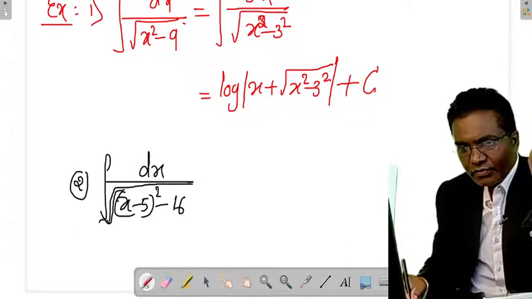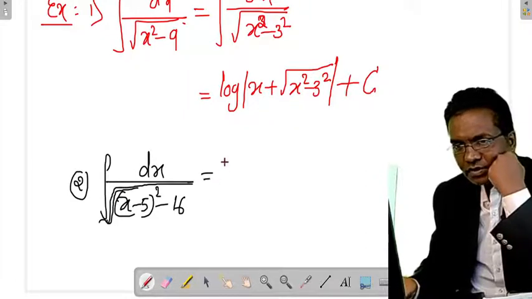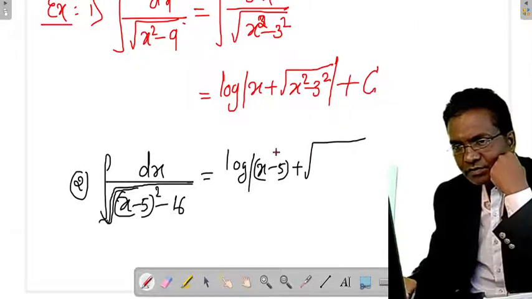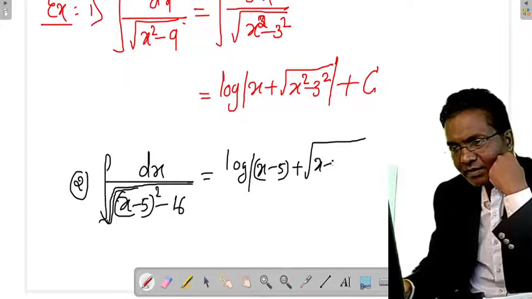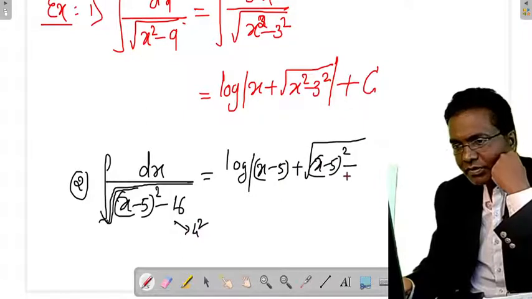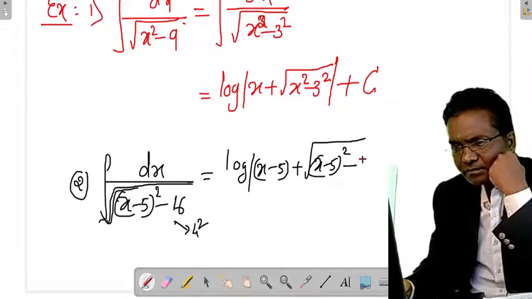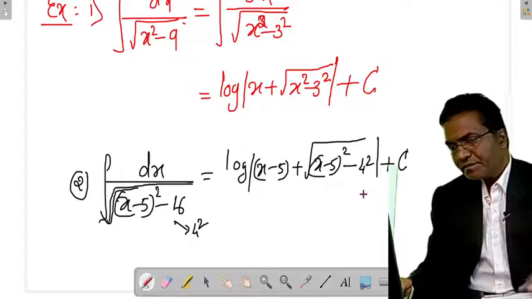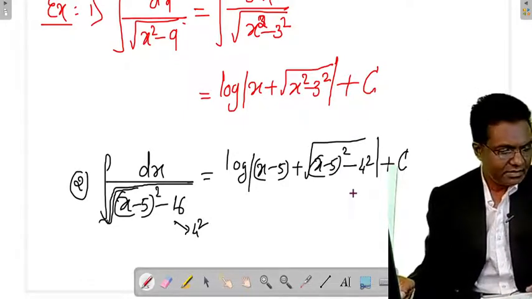Square root of this, suppose if you get, you can also write it immediately as log of x, meaning x minus 5, plus square root of x minus 5 whole square minus 4 square, 16 is 4 square, so you can write 4 square or 16, doesn't matter, plus c. We will be dealing with such examples in the next class.